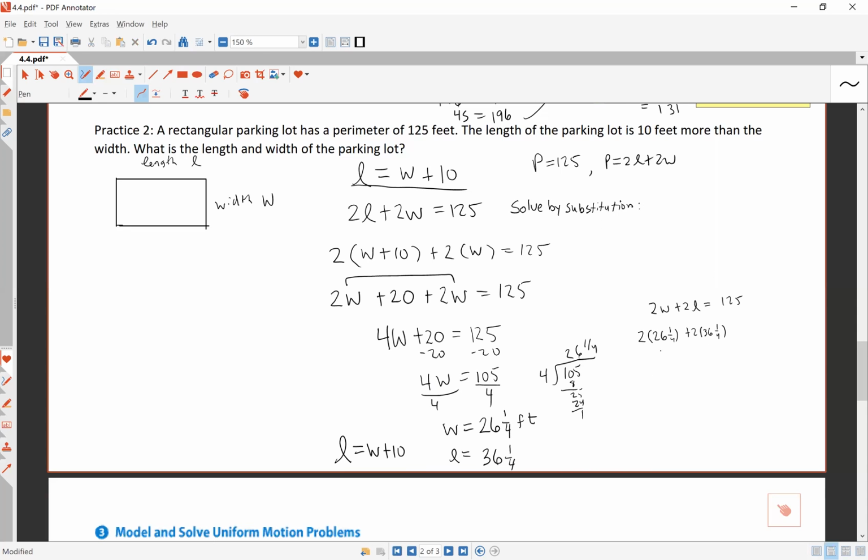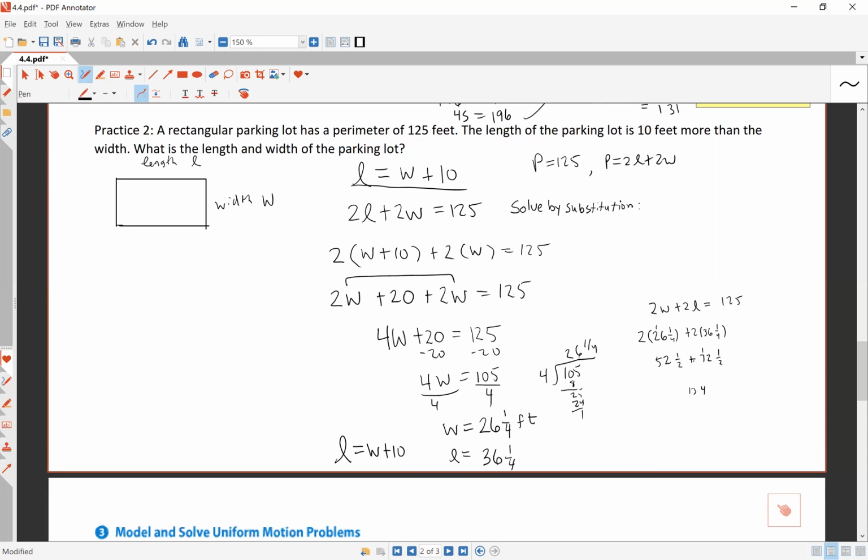That's going to give us 52 1/2. 2 times the 36 1/4 is going to be 72 1/2. 52 and 72 is 135.